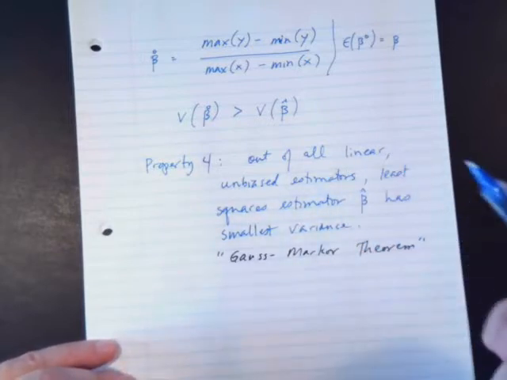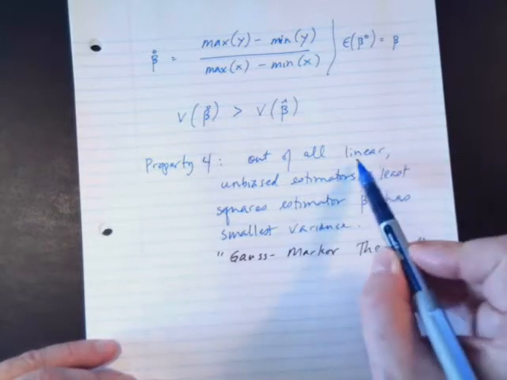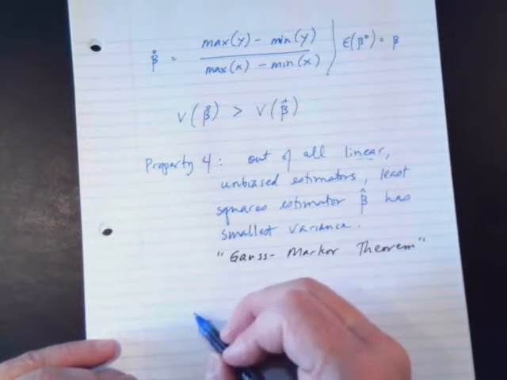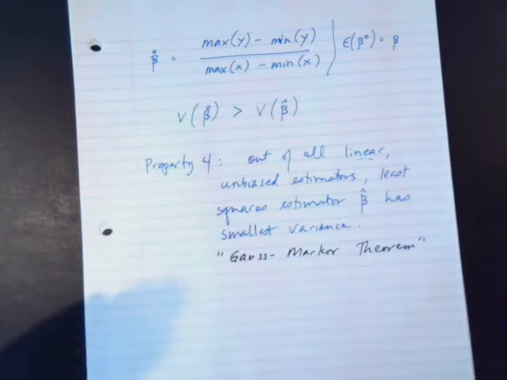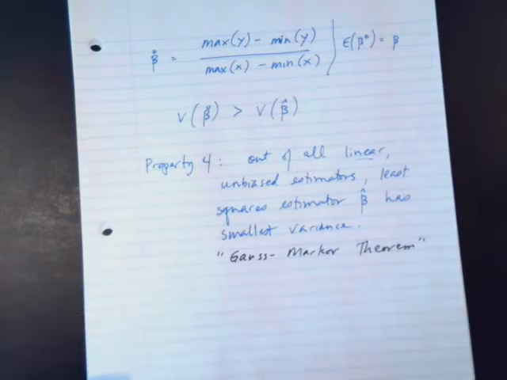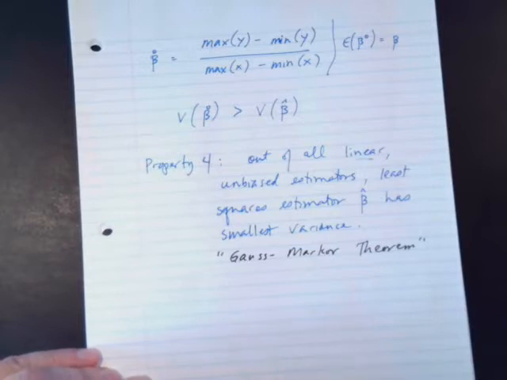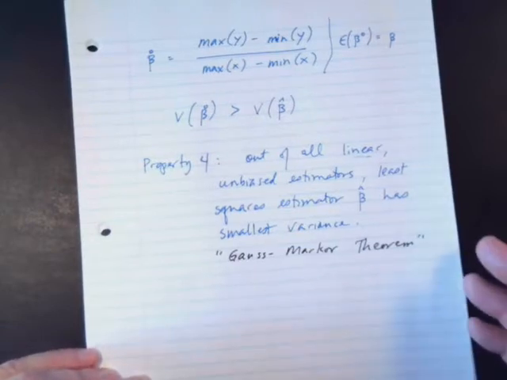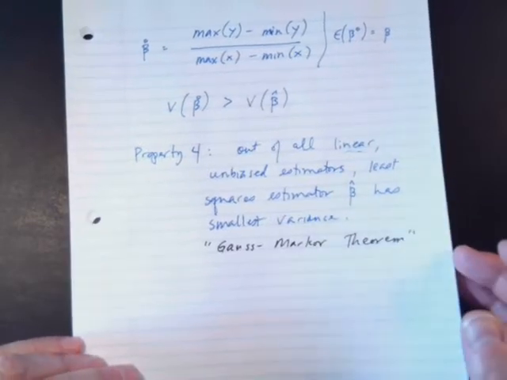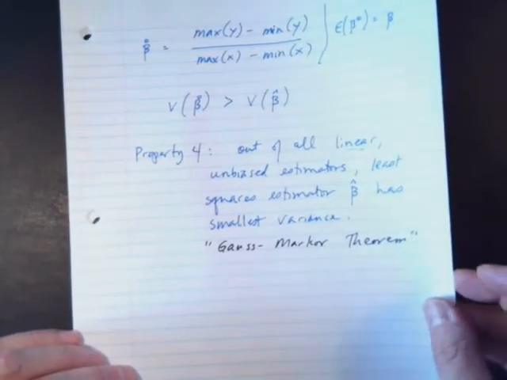Now, we are limiting ourselves in one sense. We are using linear functions of the data. Remember, I showed you before that beta hat is a linear function of the y's. So if we restrict ourselves to using linear functions of the y values, then Gauss-Markov tells us least squares is the most efficient estimator. It generates the smallest possible variance.